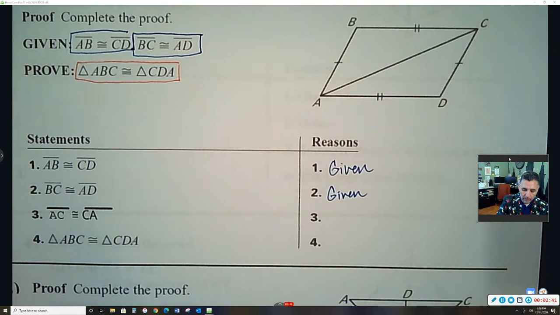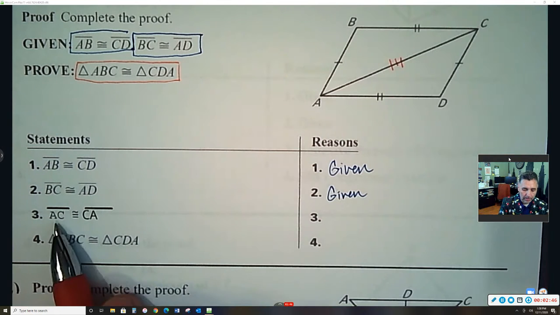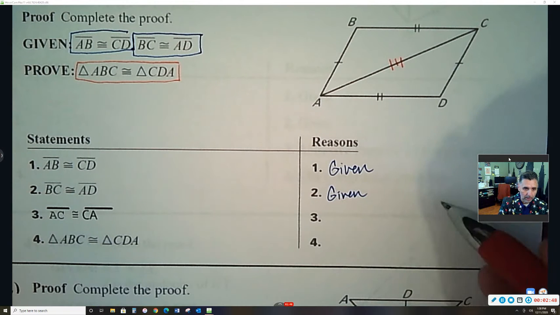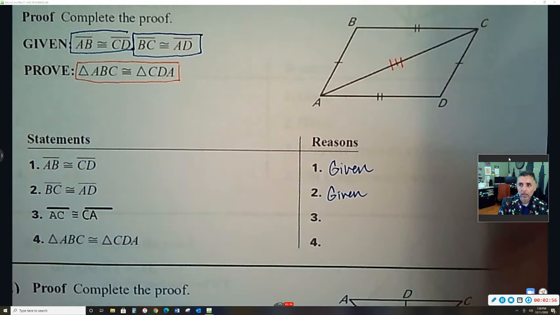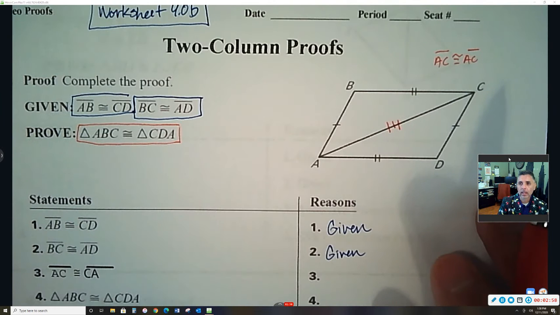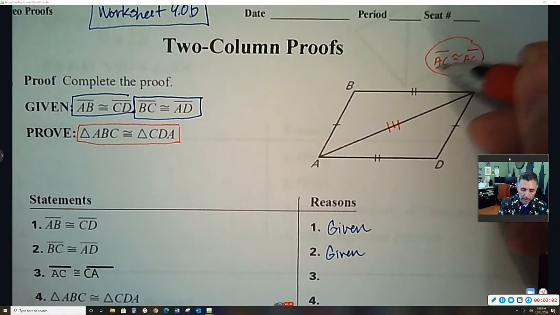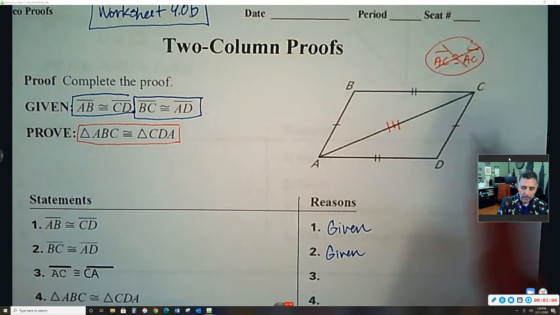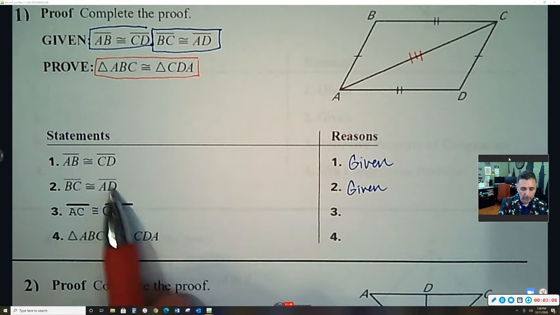Now I'll show you why it's written that way, and why it's not AC congruent to AC. Because it is the same line, and I think I may have written it that way in one of the periods, but I am fixing it right now.